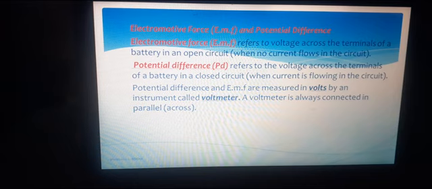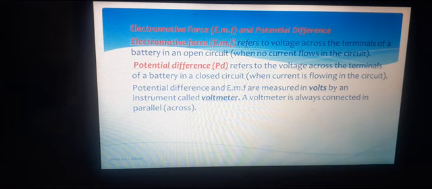Also, we can say it refers to the voltage across the terminals of the battery when no current flows in the circuit. Potential difference refers to the voltage across the terminals of a battery in a closed circuit, or when the current is flowing in the circuit.